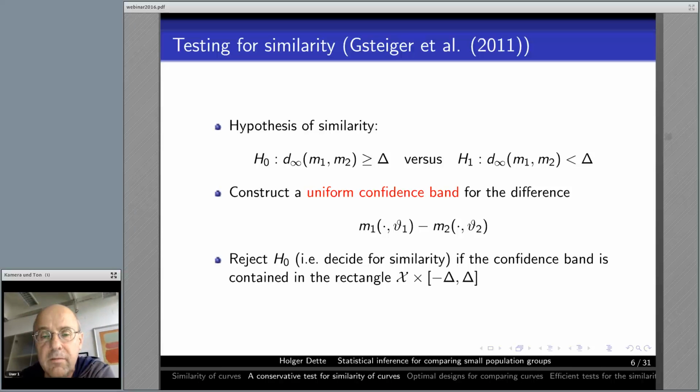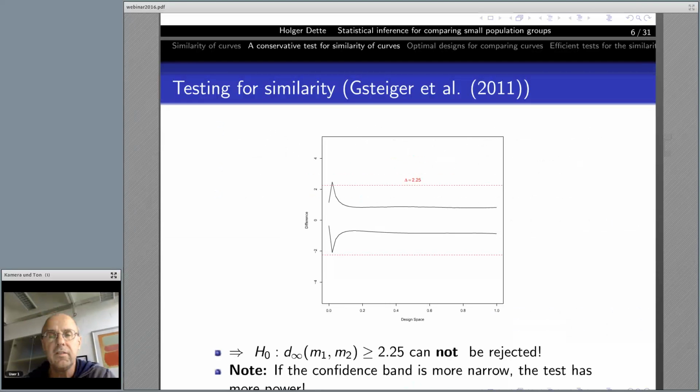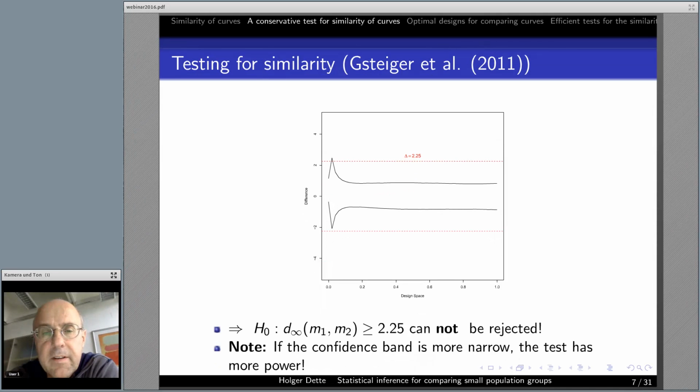I have a picture here. I don't have any pointer, so it's difficult, but we have two black lines. This defines a confidence band for the difference of the two curves. It's constructed from data. Then you construct a rectangle which is marked by the dotted red lines.